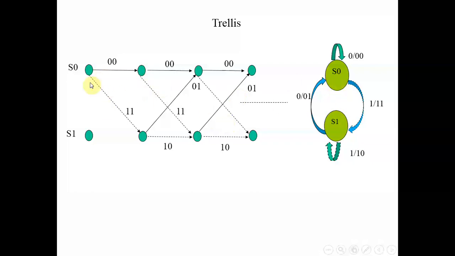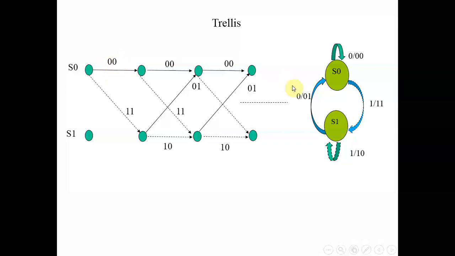So what is the trellis structure? Now again we have two states, S0 and S1. These states we are repeating at every time instance, and in the beginning you start with state S0. So whenever you receive 0, you remain in S0 and your output is 0 0. Now whenever you receive 0, it's a solid line transition. So from S0 again we go to S0 and your output is 0 0.